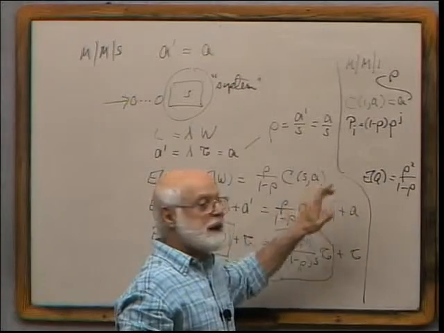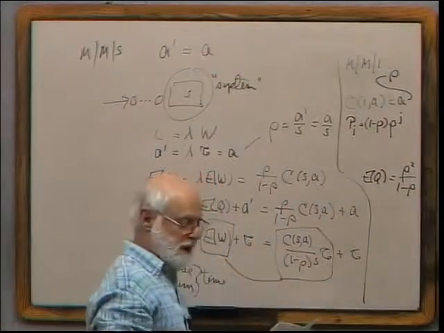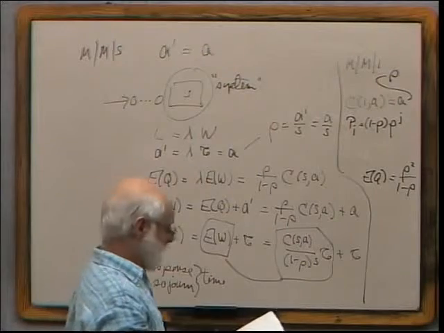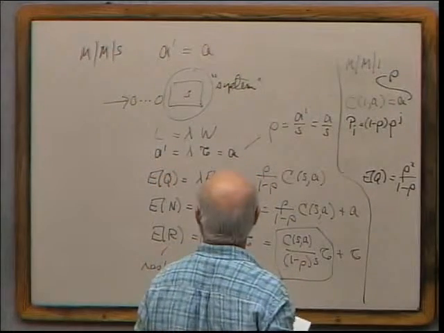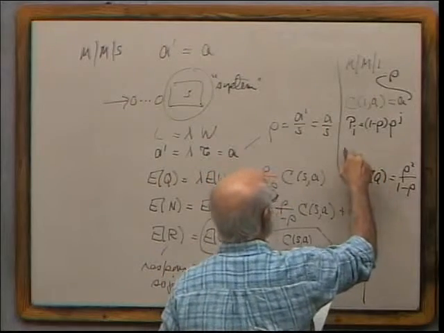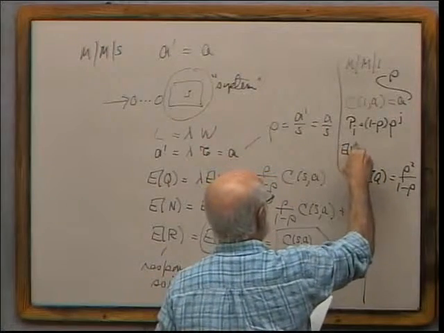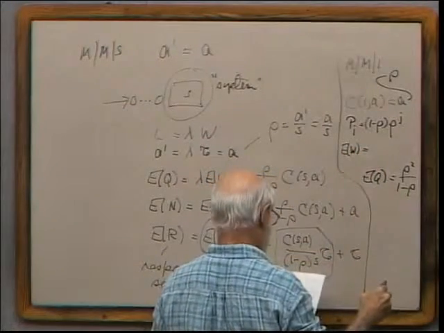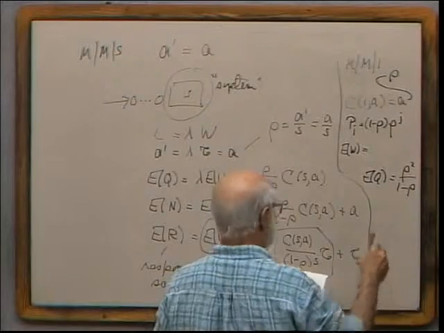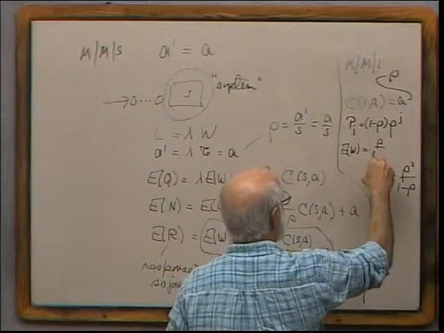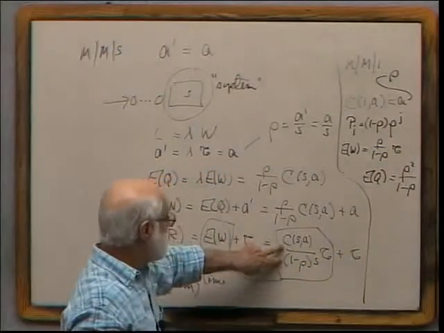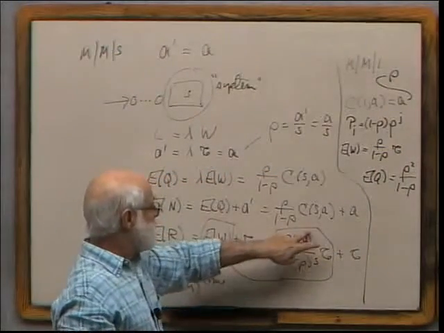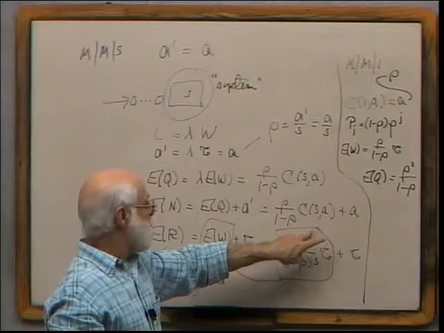It doesn't require FIFO service. Okay, the average waiting time, I'll write it here. For MM1, the formula is rho over 1 minus rho times tau. That comes out of here by setting the Erlang C value equal to rho and S equal to 1.